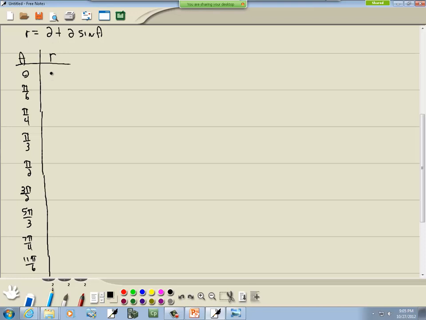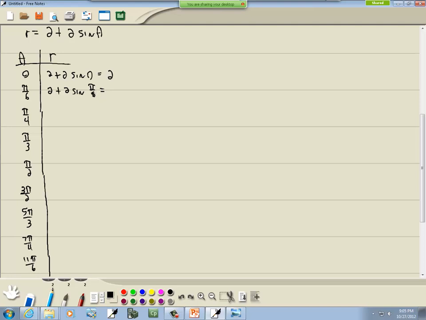So I'm going to plug those in. So I got 2 plus 2 sine 0. Sine of 0 is 0. And so 2 times 0 is 0, so that gives us 2. Here we got 2 plus 2 sine pi over 6.